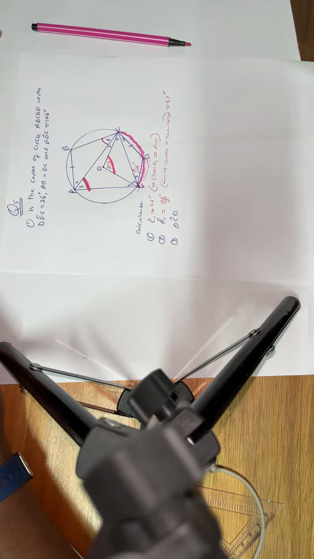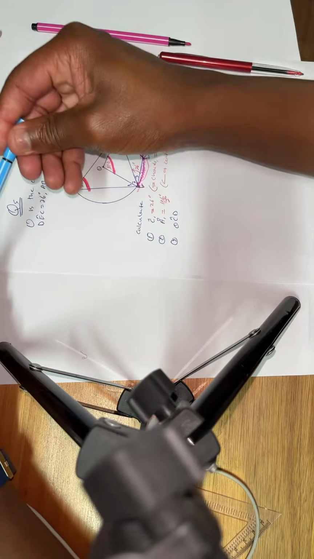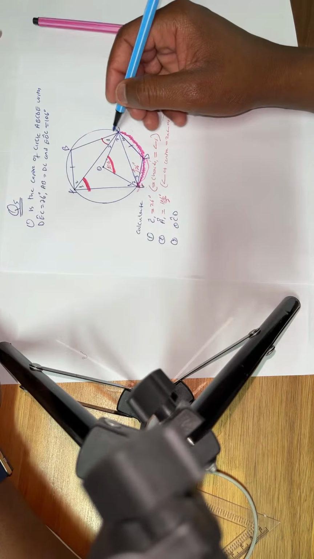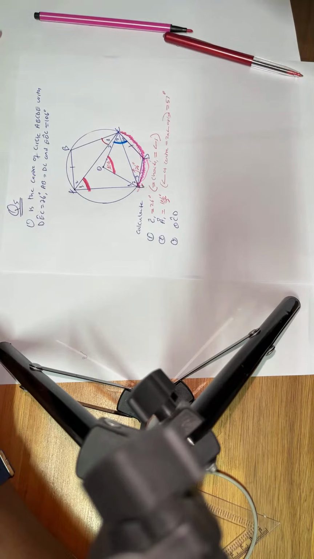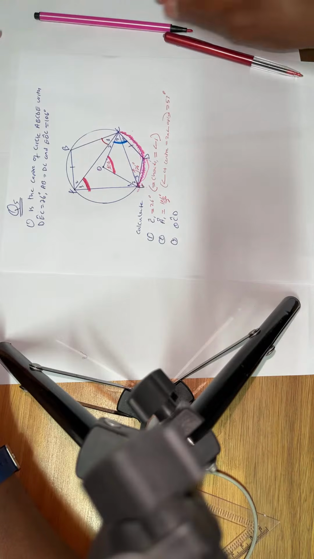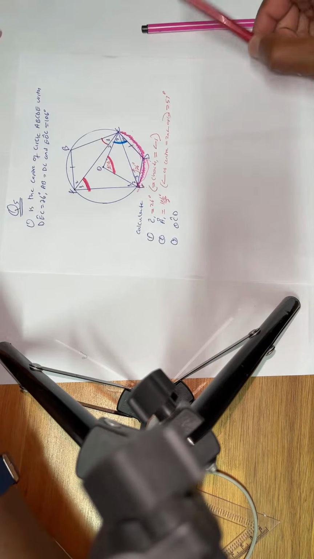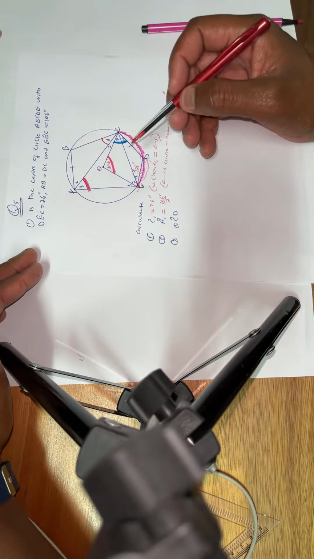So OCD is this angle here. This is the angle they're talking about, right? This is the angle we need now. So we need to check and determine this angle. There are many ways to kill a cat, right?